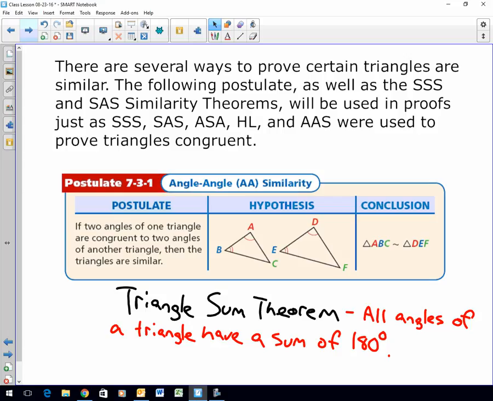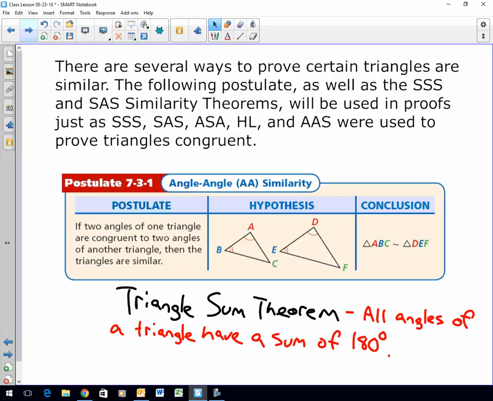I want you to write this down as well. It's called the triangle sum theorem. It's very simple, but it's incredibly important. All angles of a triangle have a sum of 180 degrees. When I say all angles of a triangle, how many angles am I talking about?